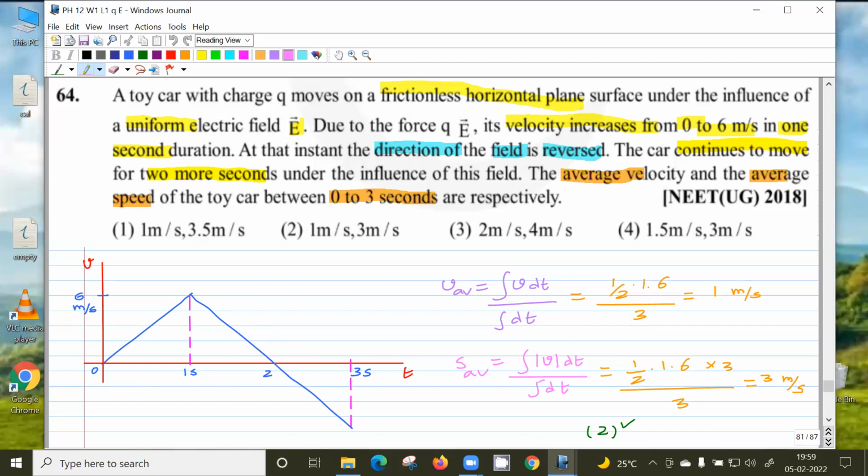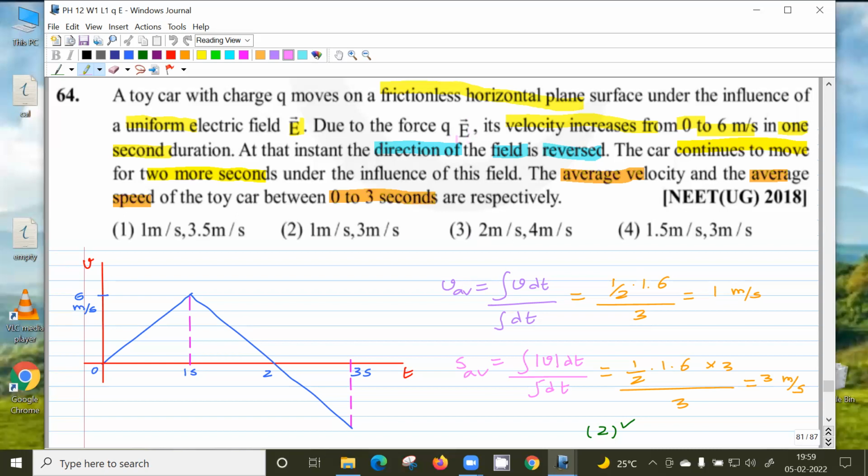Are you able to understand that? No, sir. On what basis are you saying that it will stop at 2 seconds? See, the magnitude of acceleration and deceleration is the same, right? Constant acceleration, because the electric field is uniform.